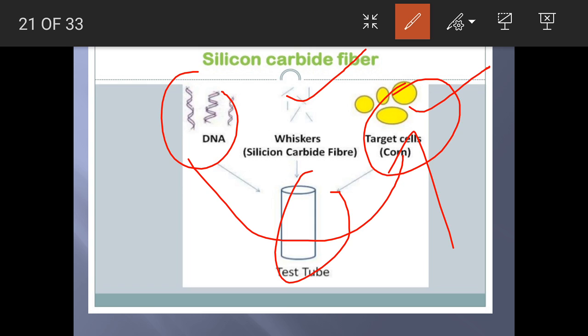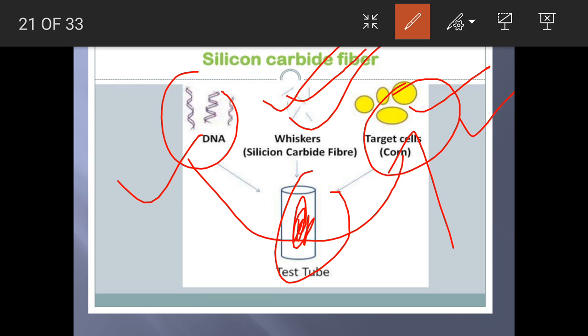Naked DNA cannot be directly transferred into these target cells. In that case, the silicon carbide fibers are used. In this test tube, all these mixtures, DNA that is the desired gene, whiskers, and the target cell into which you want to transfer your gene, are taken.